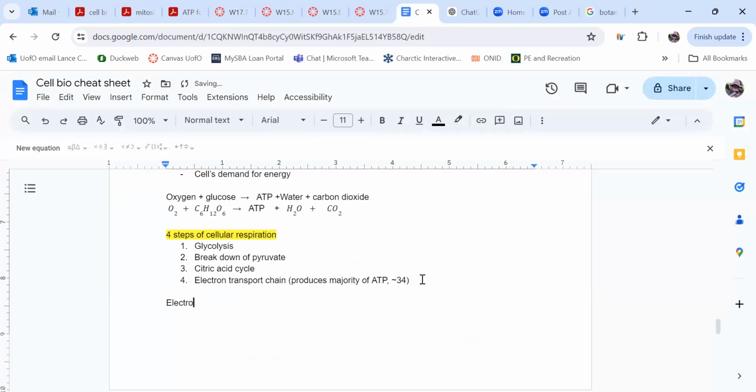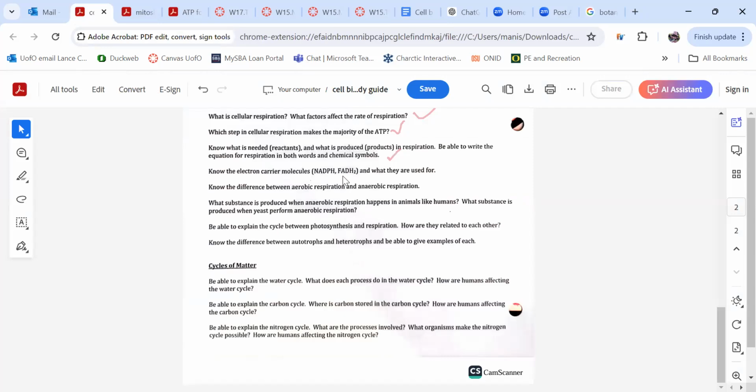Let's just write it there, electron carrier molecules. Right? That's what we call them. NADH, and FADH2? Is that right? FADH2. Okay.